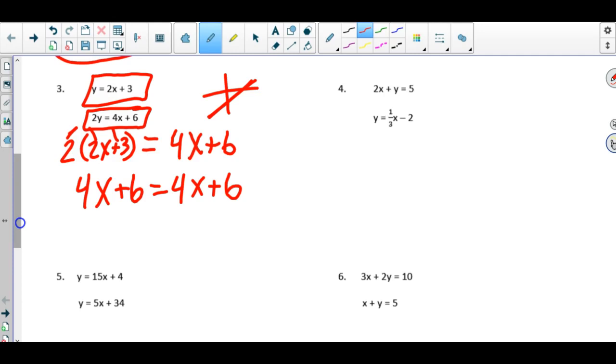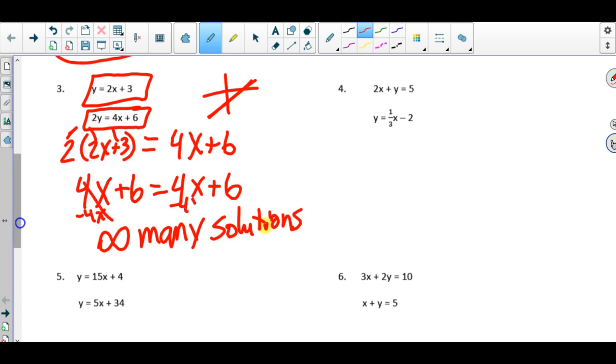You don't have enough information here, which means infinitely many solutions. The other way you can see that, if I subtract 4x from both sides, I'm going to have 6 equals 6, which is always true. So there's number 3. That is our answer.